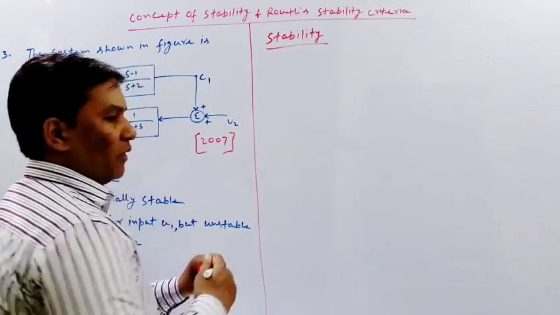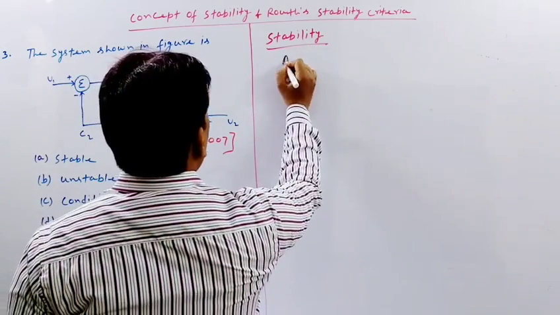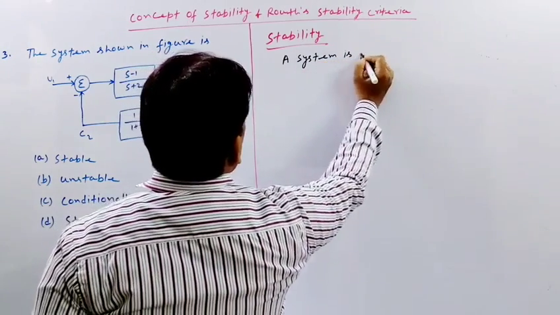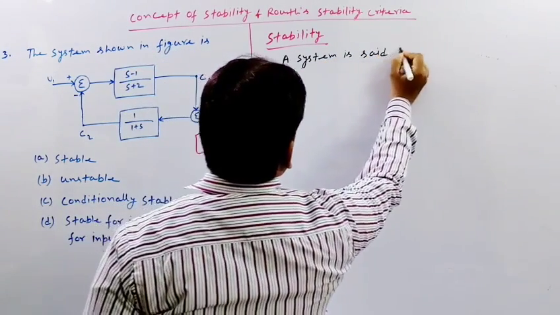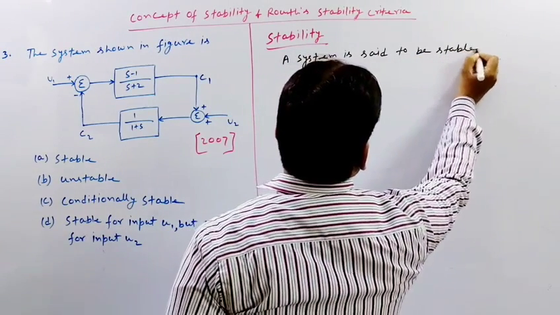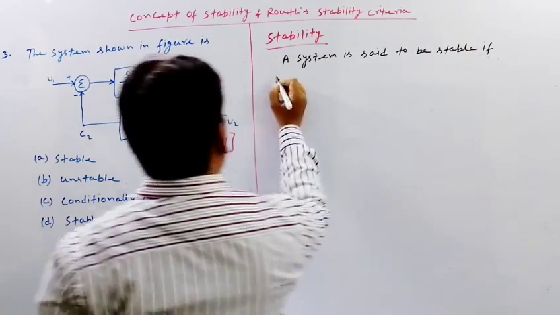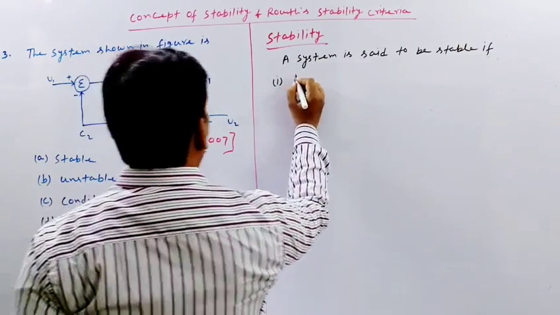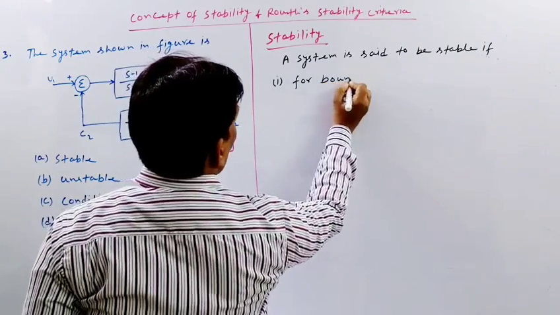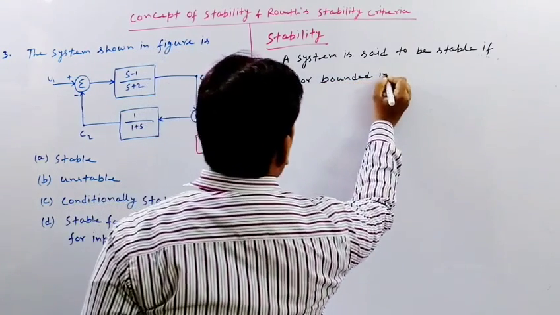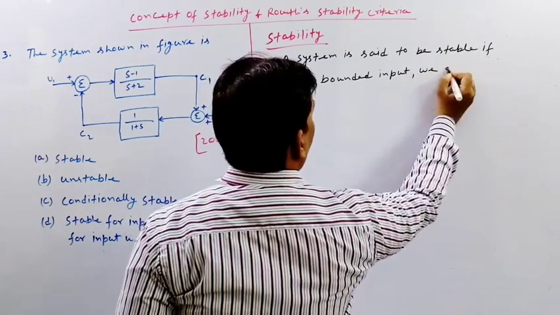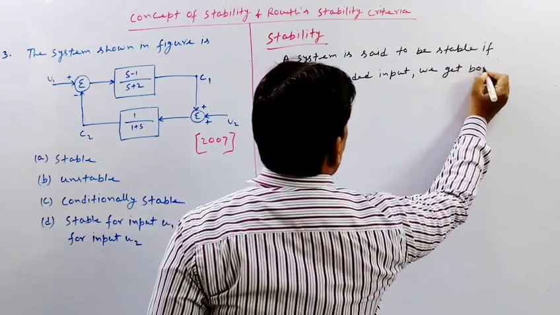A system is said to be stable if, number one, for bounded input, we get bounded output.